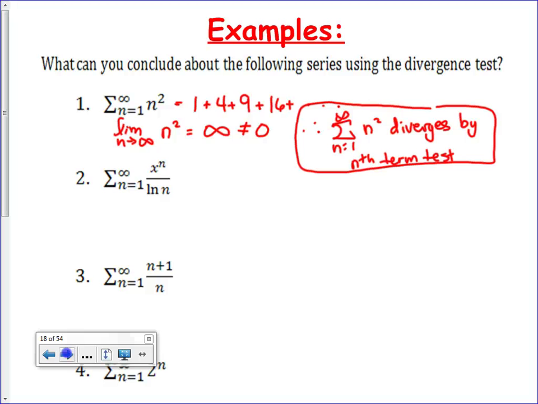We could plug in or we could just go straight to taking the limit. How would I take the limit? Infinity over infinity. No, L'Hôpital's. I could do L'Hôpital's, right?